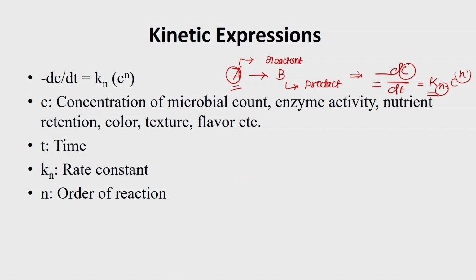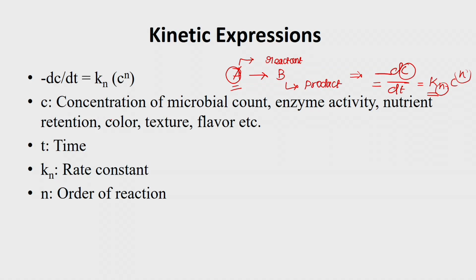In thermal processing, one of the main processes is sterilization, which is nothing but killing of microorganisms using temperature, right. So this C talks about the concentration of microbial count. For example, initially I have a particular microbial count. Over time at a particular temperature, how is the microbial count getting reduced?